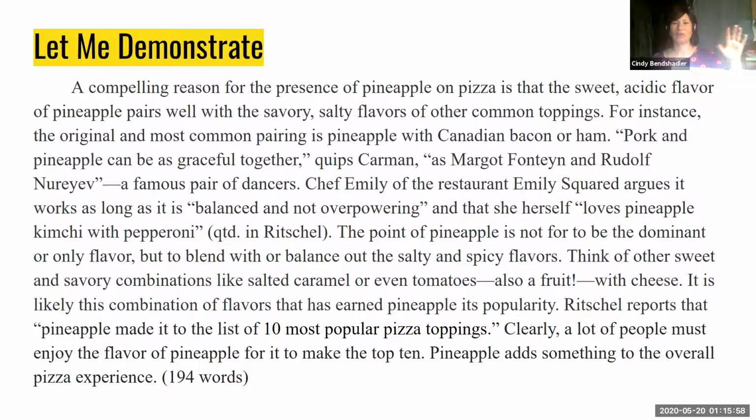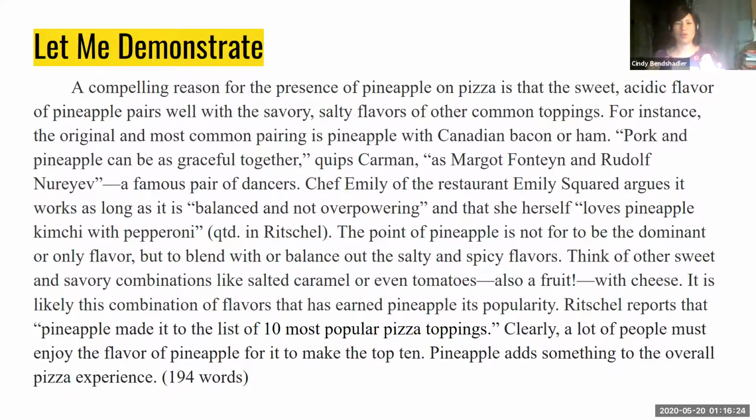And so in the earlier one, I was splitting the quote with "quips Carmen" in the middle. In this one, I'm embedding partial quotations. I'm not using the whole sentence, just partial quotations in a paraphrase, right? So I'm paraphrasing the overall idea and then just quoting a few choice phrases, okay?